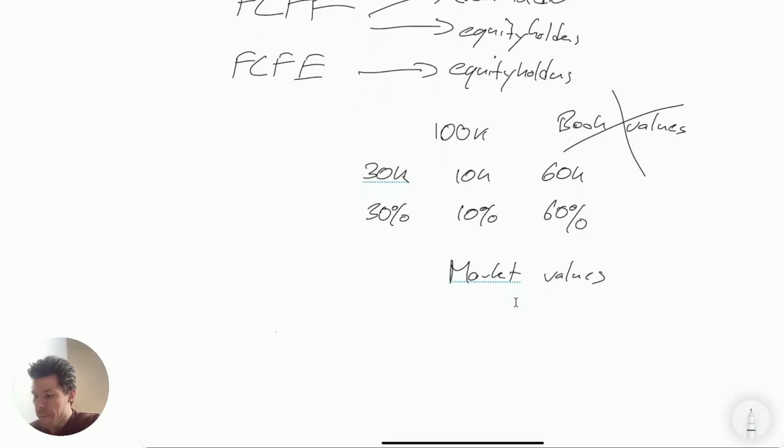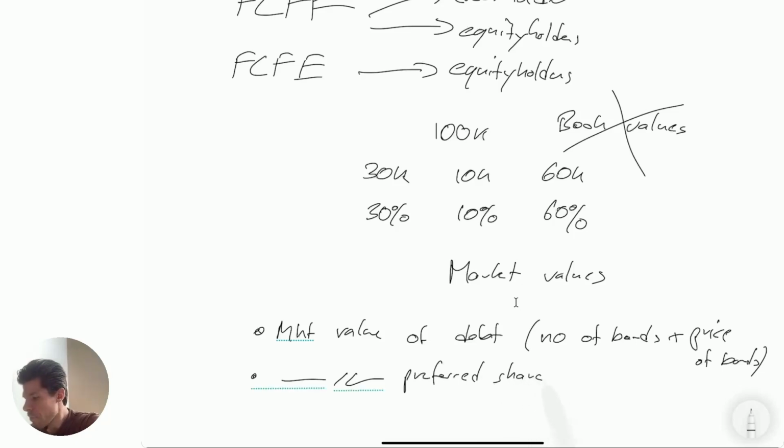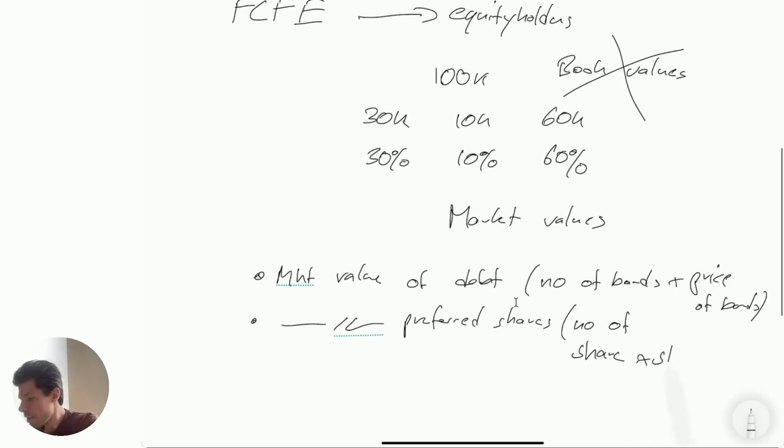So for the debt part, market value of debt, there are different ways to do it: number of bonds times current price of bonds. Market value of preferred shares: again, number of preferred shares times share price.